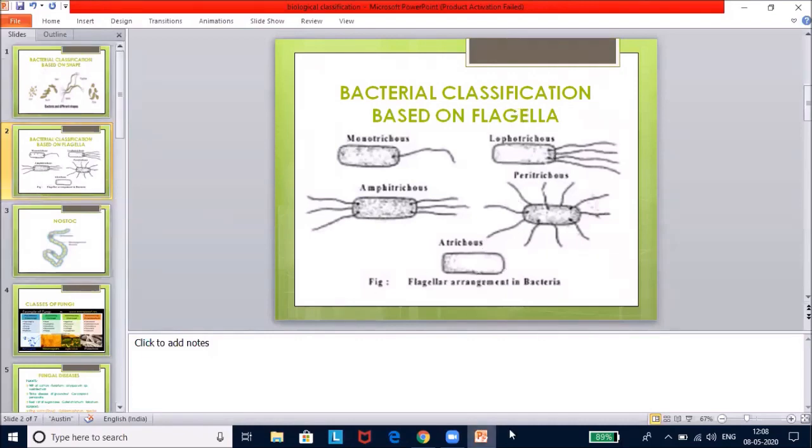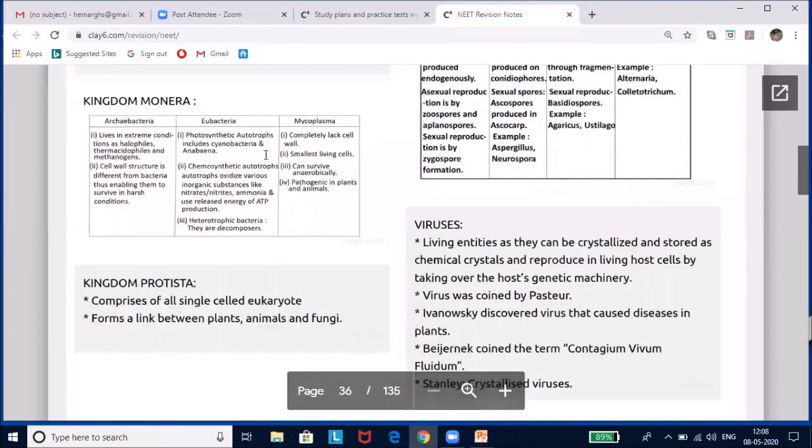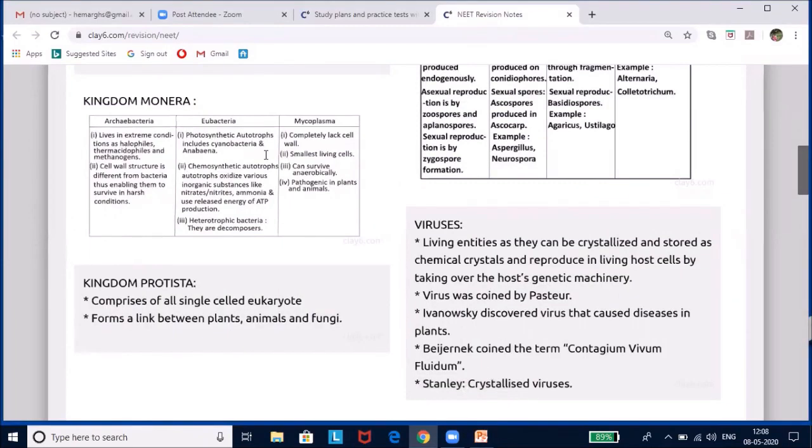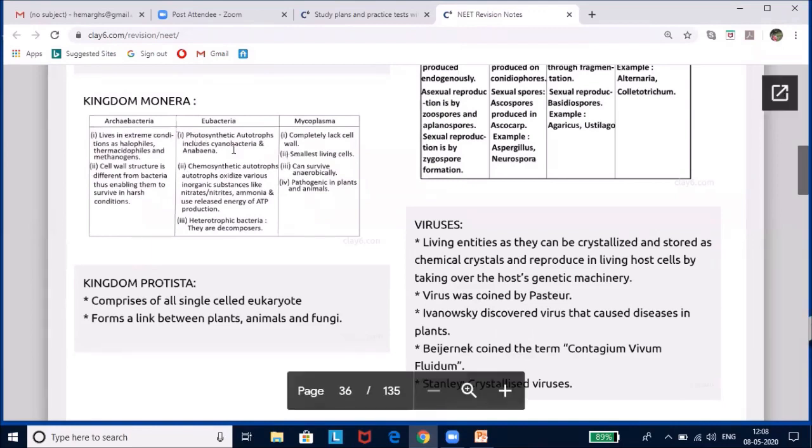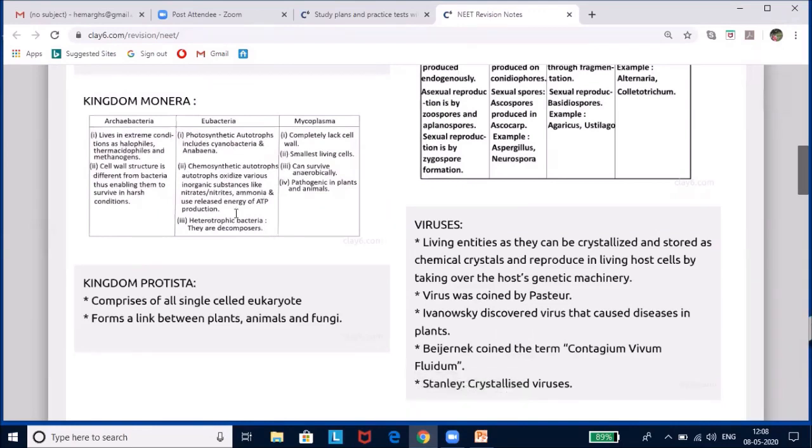Now, what are the other classificatory systems? They are classified based on their ability to utilize oxygen or not. If they need oxygen, they are aerobic bacteria. If they don't need oxygen, they are considered anaerobic bacteria. Now, the other classification is gram-positive and gram-negative bacteria.